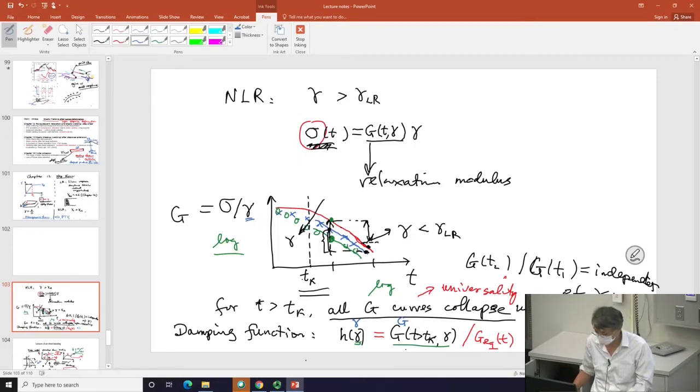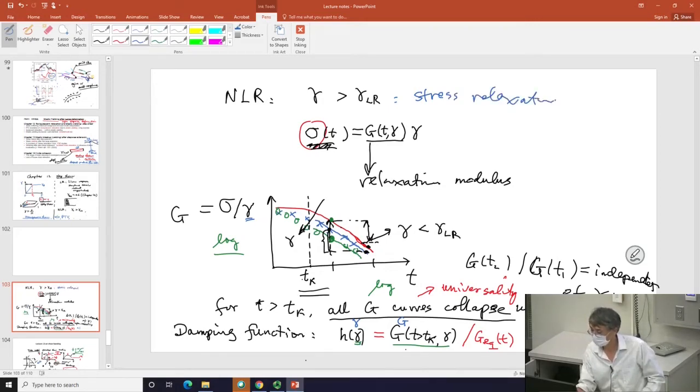Yeah. This is very, very important. There are tons of paper continue to be written using the so-called damping function. So let me give you two things. When you present this data of stress relaxation, if you like linear, basically you are talking about really stress relaxation data.